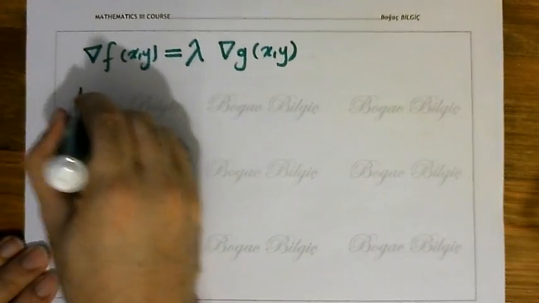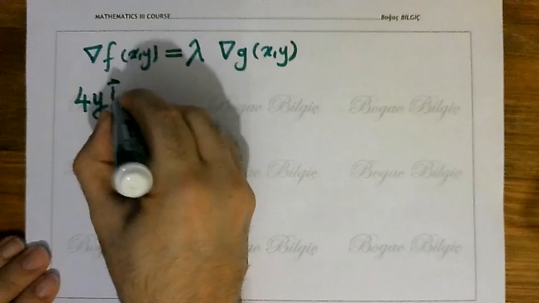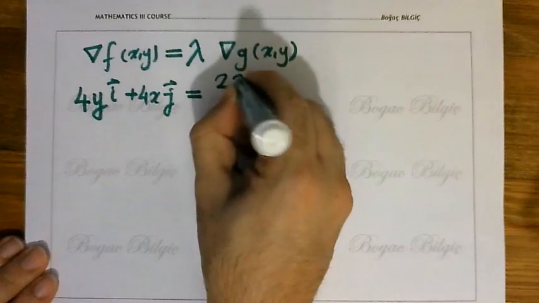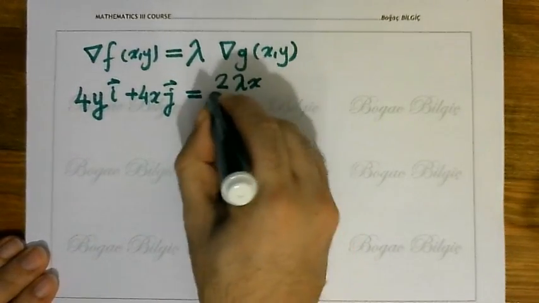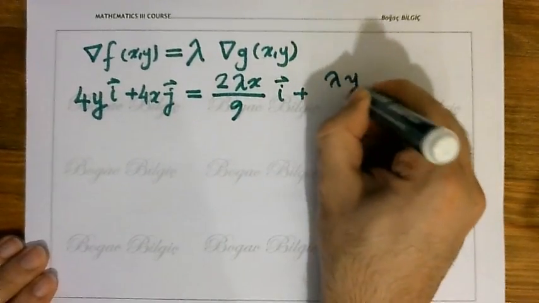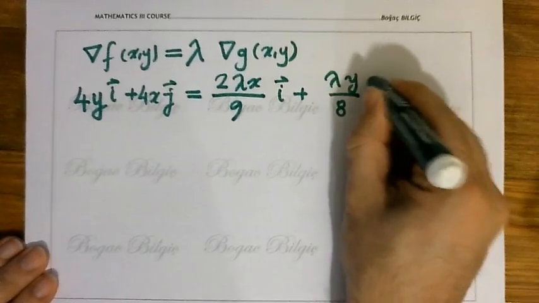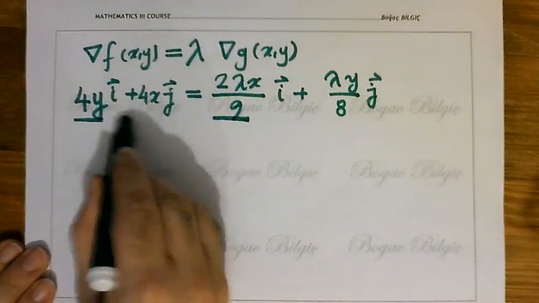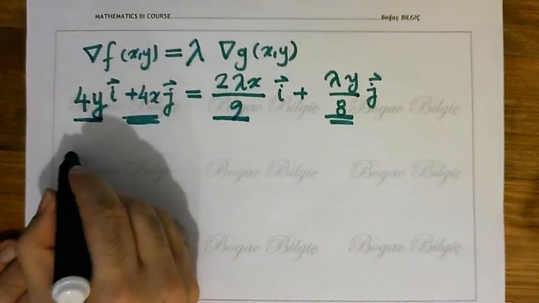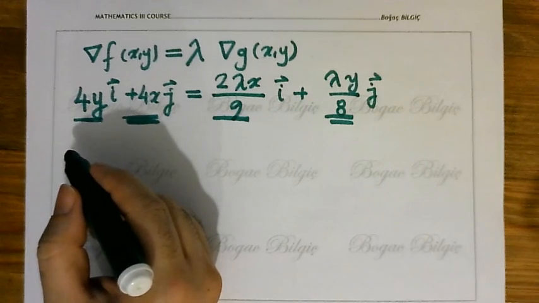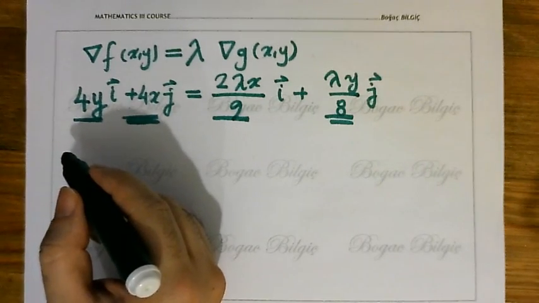So 4y i plus 4x j is equal to 2 lambda x divided by 9 i plus lambda y divided by 8 j. Equating components and rewriting the constraint equation lead to the following system of three equations in the three variables x, y, and lambda.